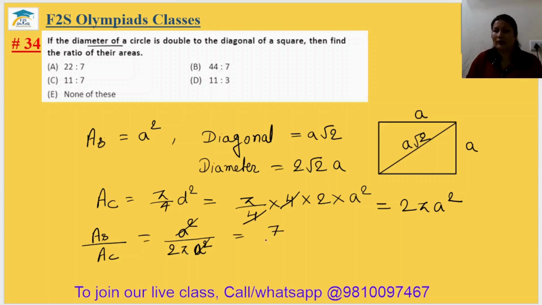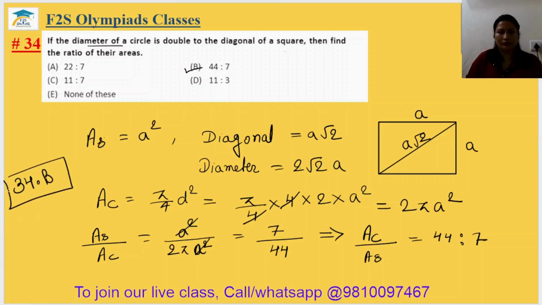So it means 7 upon 2 into 22, that is 44. So 7 is to 44. But what is the question asking? The question is asking for AC, meaning area of the circle upon area of the square. So that is 44 is to 7. It is in option number B. So the 34th answer is option B.